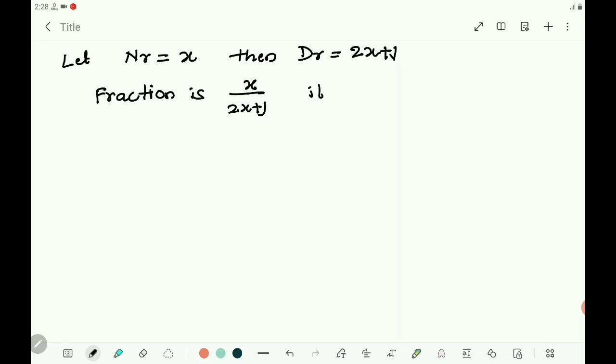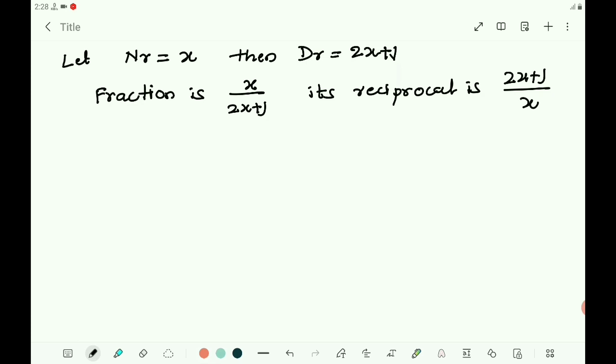Its reciprocal is 2x plus 1 by x. And the sum of these two is equal to what? 29 by 10.